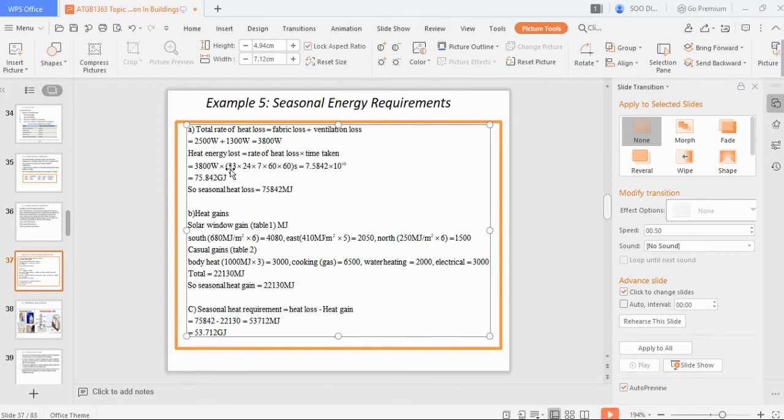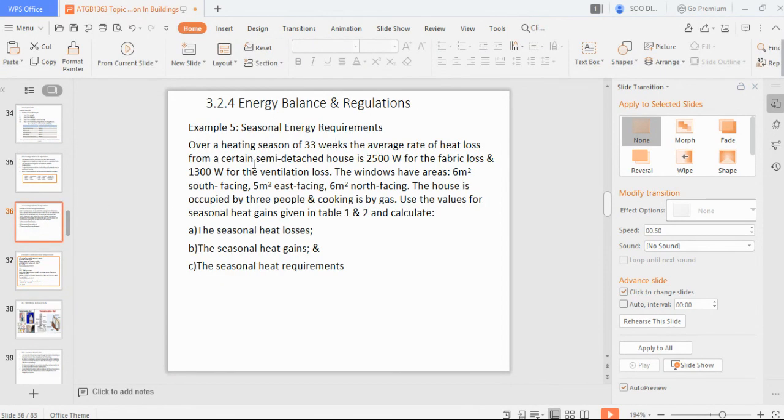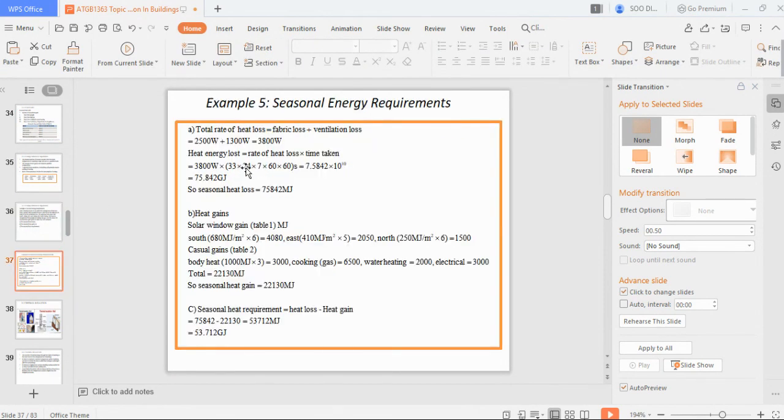Your time is 33 weeks, with 24 hours a day, 60 minutes in an hour, and 60 seconds in a minute. You multiply these time factors together.